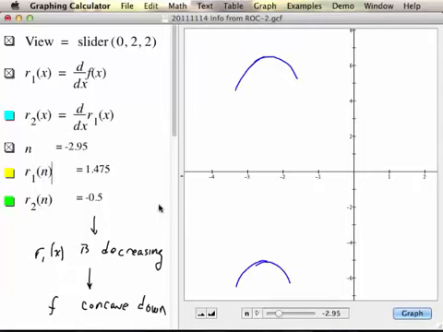Now I'm going to show you that at that same value of X, negative 2.95, R1 is 1.475. What else can you conclude? Go. What else do you know now? I'm just showing you that the rate of change of F is 1.475. So keep going.